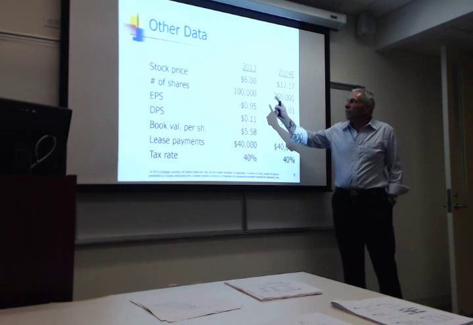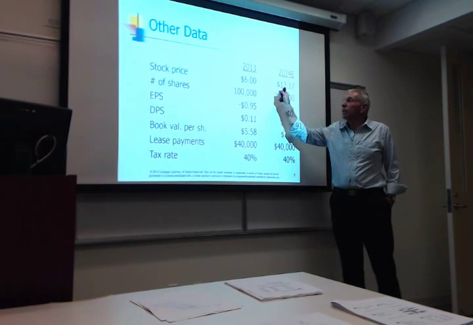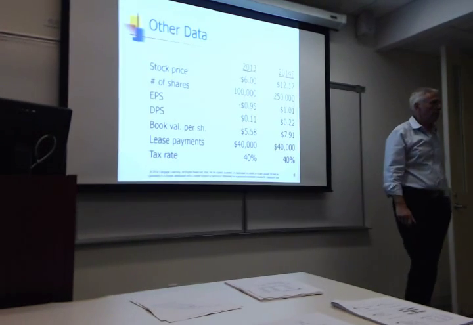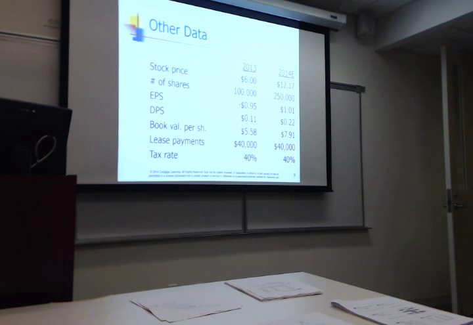The other thing that happened here is your stock price doubled. Who determines the stock price? How's the stock price determined? By the market. Right? That's what goes on in Wall Street every day. New York Stock Exchange.